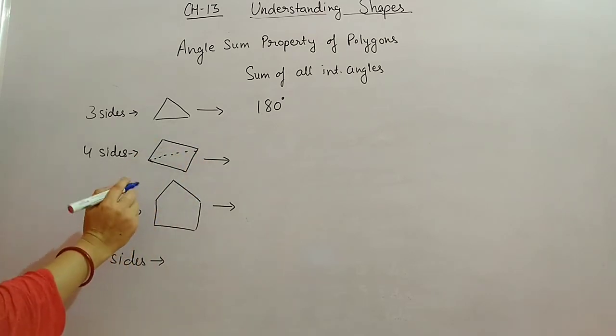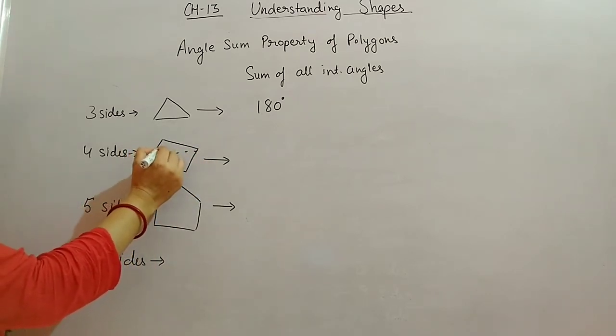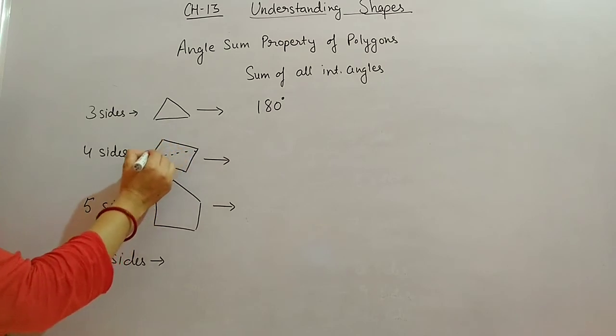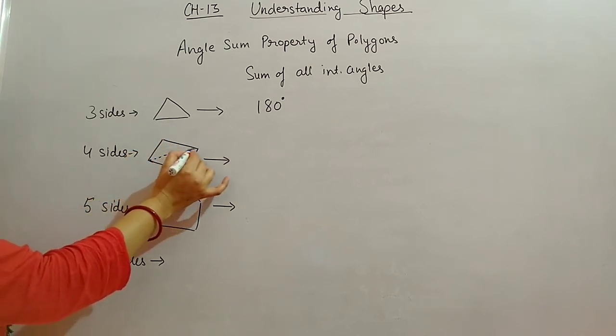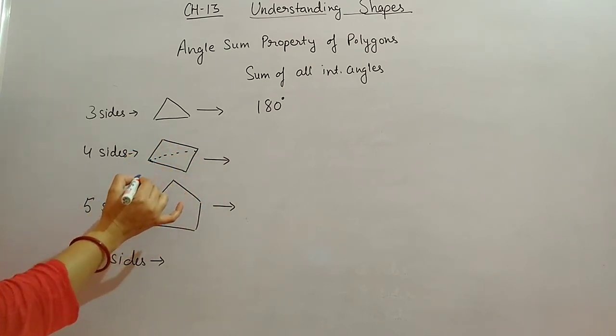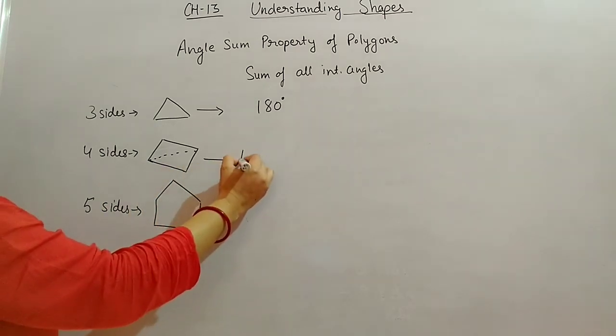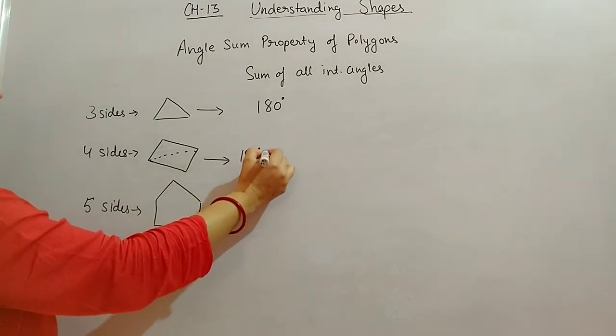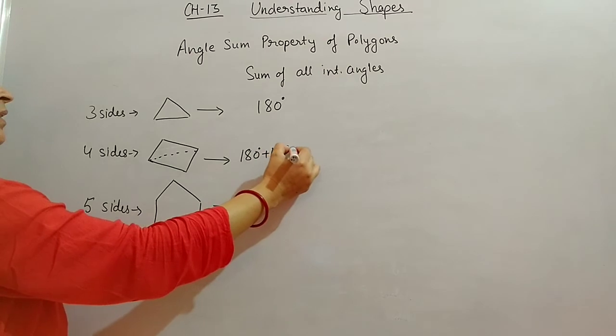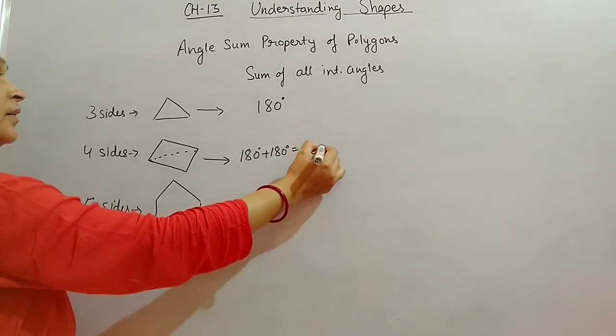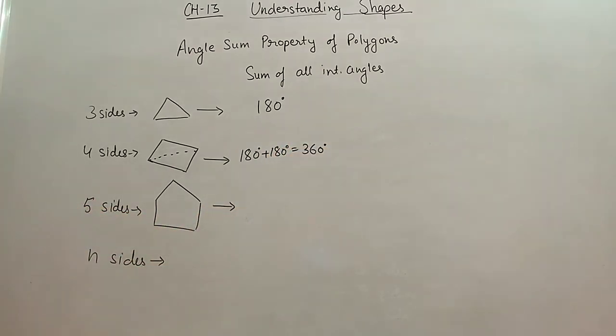So here we have 2 triangles. For the first triangle, the sum of all 3 angles is 180 degrees, and for the other triangle also the sum of angles is 180 degrees. So it becomes 180 plus 180, 360 degrees. It means for a quadrilateral, the sum of all interior angles is 360 degrees.